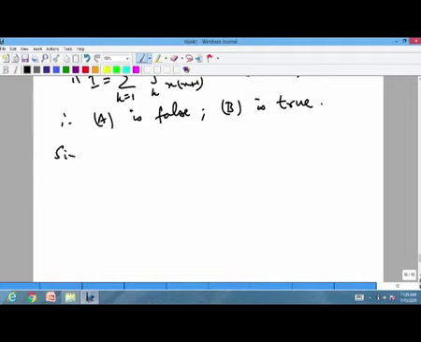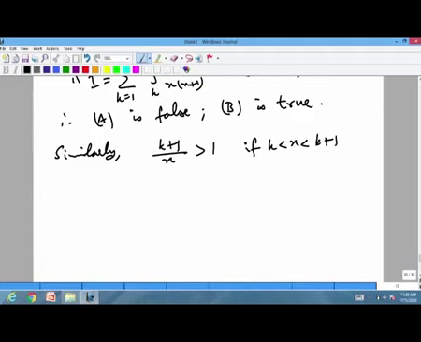So, similarly, what we can get is this k plus 1 by x is greater than 1 if x is between k and k plus 1. So, here we are using k plus 1 by x as greater than 1.